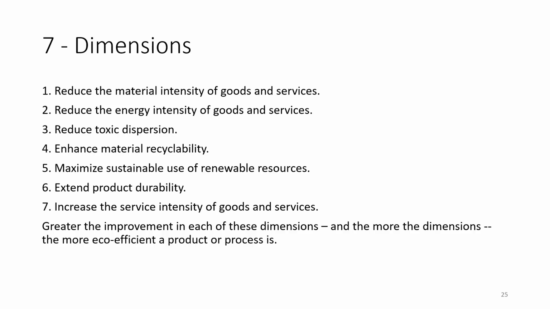Next are the 7 dimensions. The first dimension is to reduce the material intensity of goods and services, so you can reduce the amount of material used in a particular application. Next is reducing the energy intensity, using materials which require less energy for production. And then reducing toxic dispersion, using fewer materials which can be toxic to the environment.